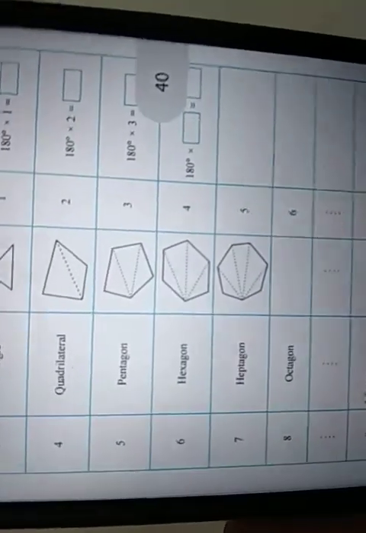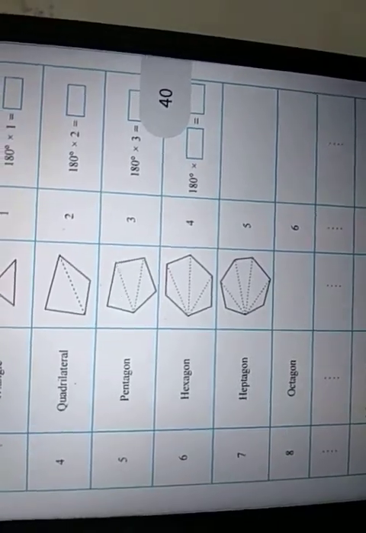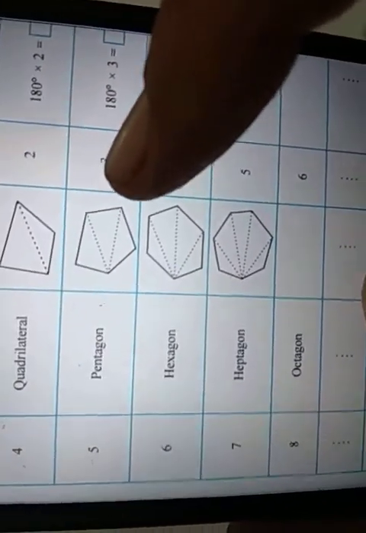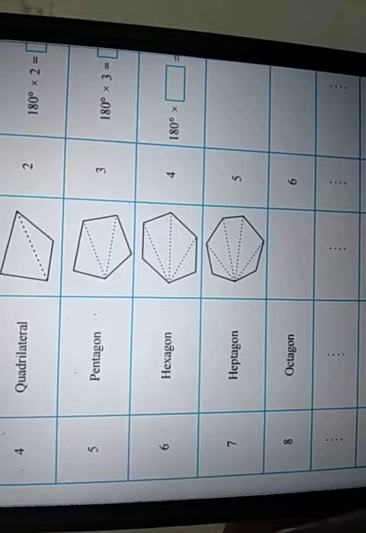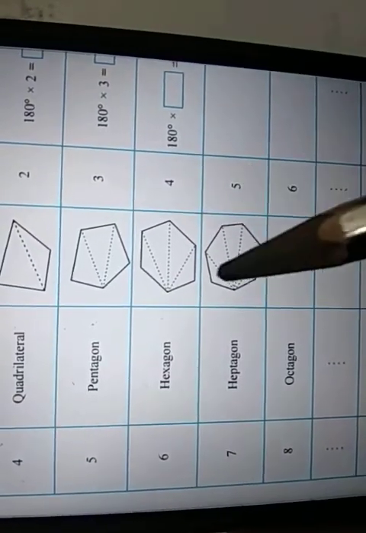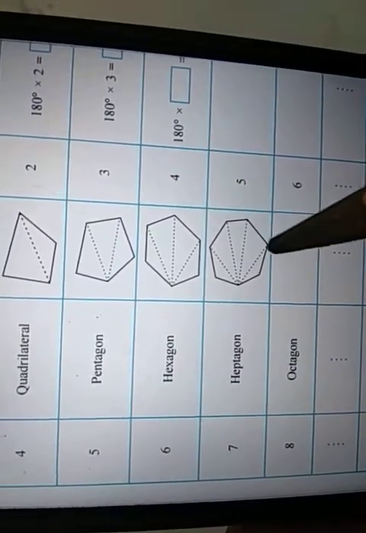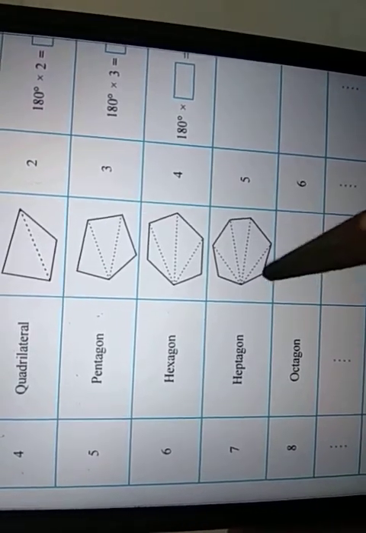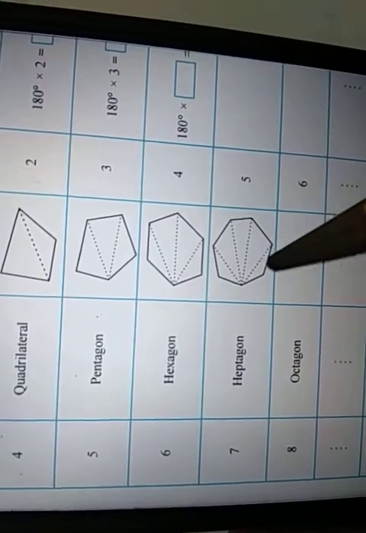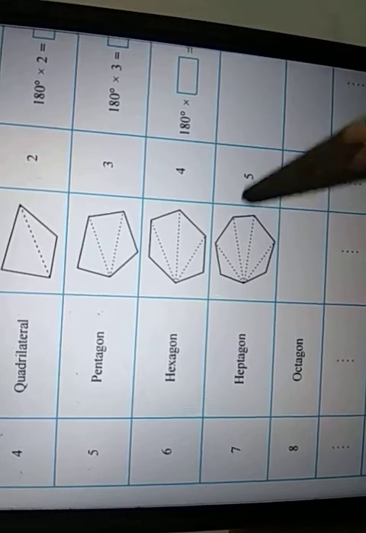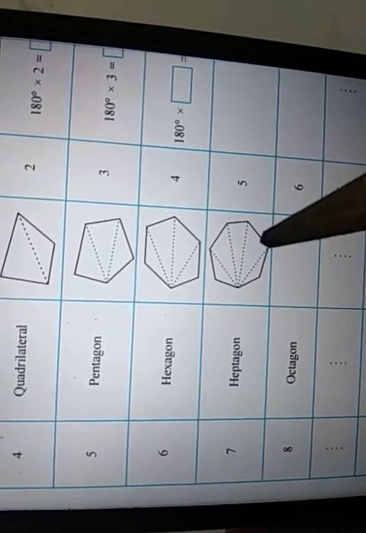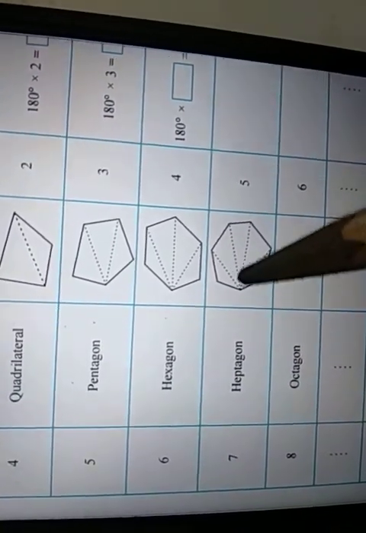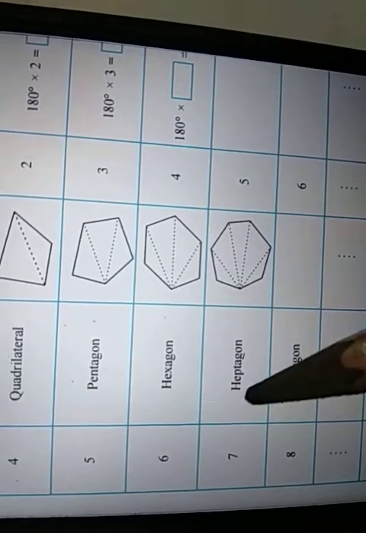Now the next figure is the heptagon. In this closed figure there are 7 sides and 7 angles. Look here: 1, 2, 3, 4, 5, 6 and 7 angles, and 7 sides. So this figure is called a heptagon.